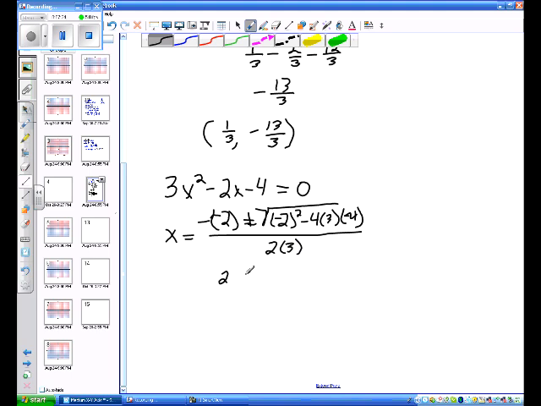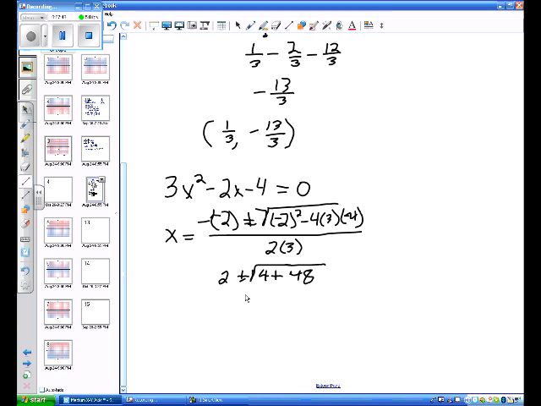So that's going to be a positive 2 plus or minus the square root of 4. We have a negative times a positive times a negative, so that's going to be a positive 48, all over 6.